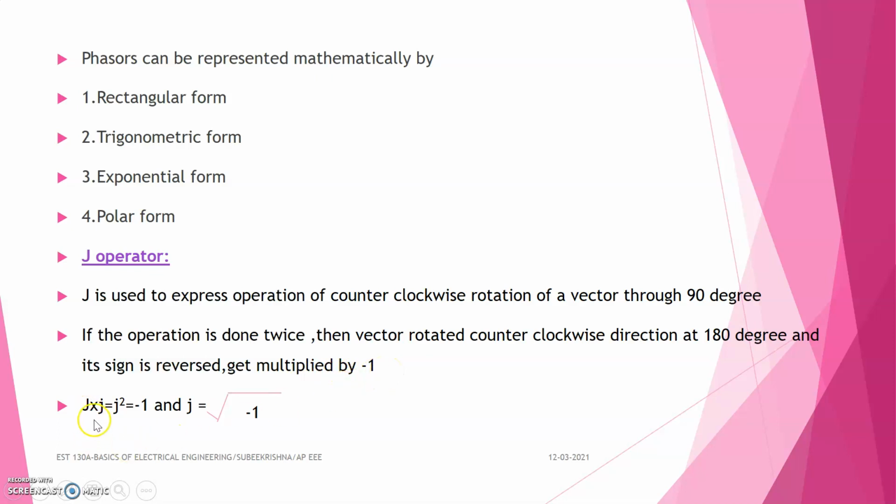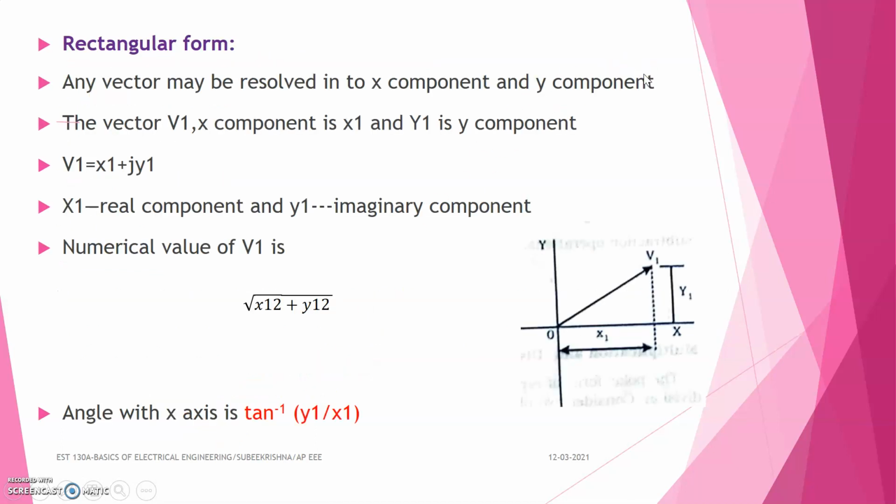That is j into j, which gives us j square, and its value is equal to -1. From this we get the value of j by taking the square root of -1, that is, j is equal to square root of -1. That is the j operator.